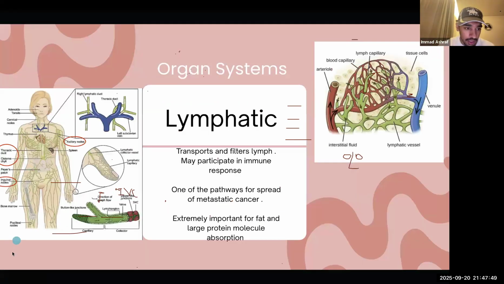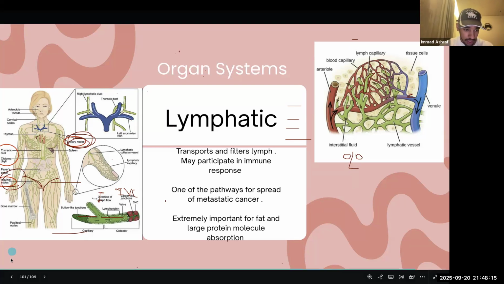Let's go back to this picture. I want to show you this. These are the axillary nodes over here. They're under your armpit, and everything in the upper body is drained via these. These over here are the inguinal lymph nodes. They go this way, like this. These drain everything in your lower body. And then you have the thoracic duct and the right lymphatic duct.